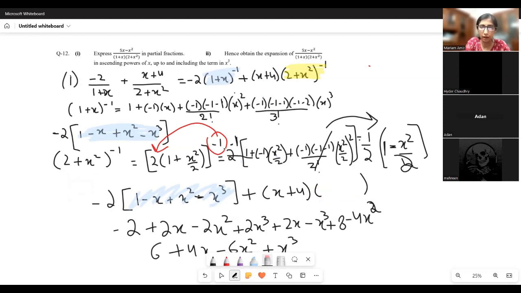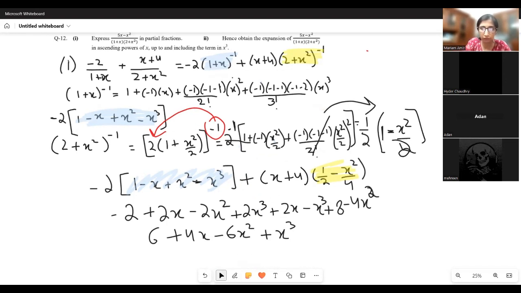So it's going to be half and then minus x squared by 4. This is now correct. Let me also double check. So we have half outside, and then minus x squared by 4. All right. So now we have to fix some of the expansion.